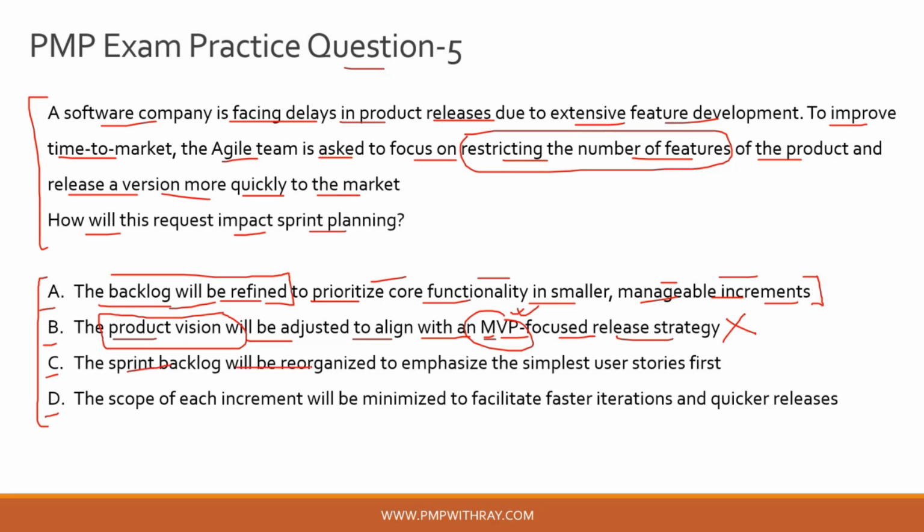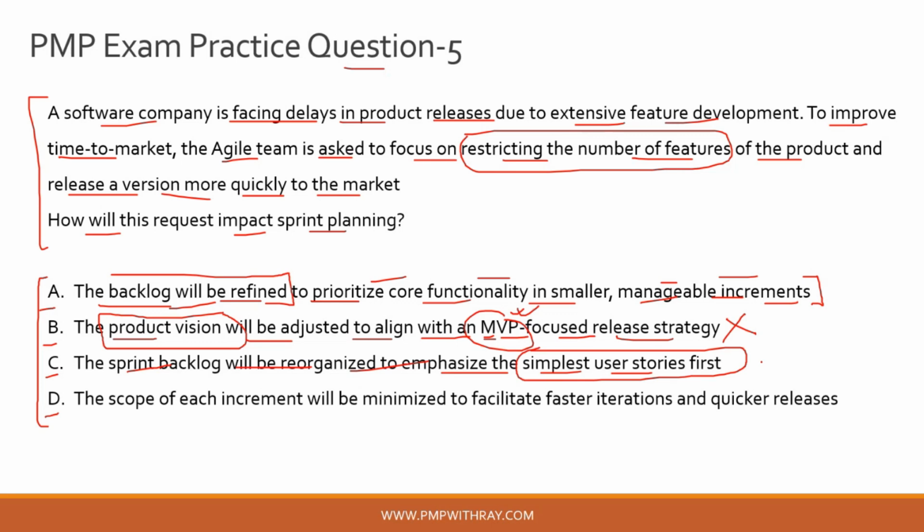The sprint backlog will be reorganized to emphasize the simplest user stories first. Now this also could have been the correct answer choice, but the problem here is the simplest user stories might not be the necessary user stories you need to execute as part of the MVP.